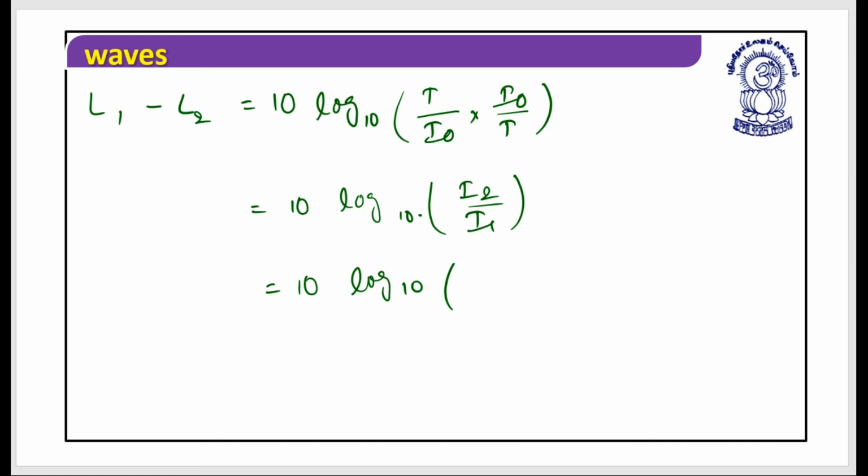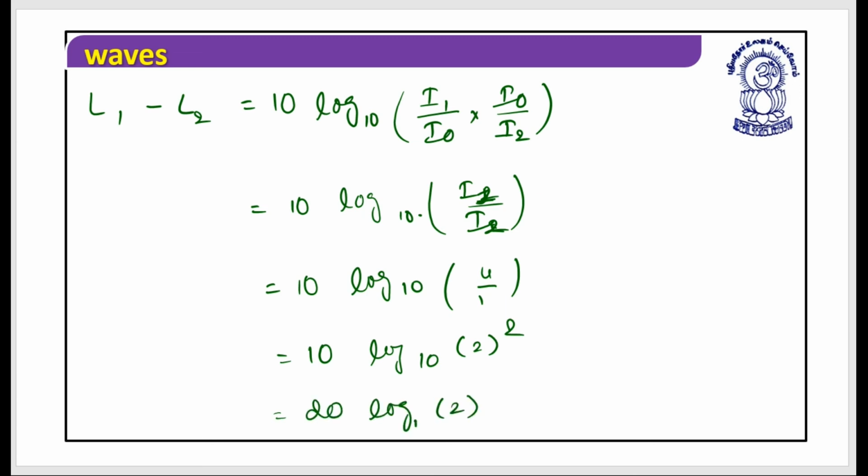So this is 4 is to 1, and this is 10 log 10 of 2 square. So this is equal to 20 into log of 2 to the base 10. Log 2 is 0.3, so it's 20 into 0.3, and this would be the answer in dB.